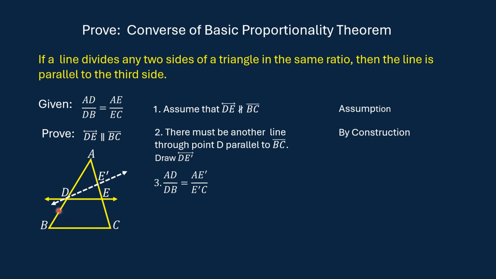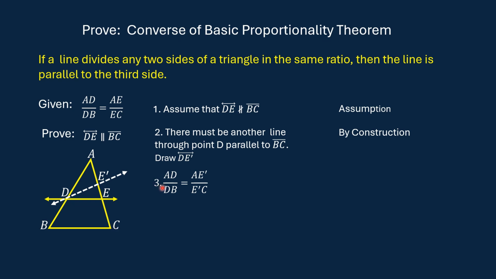So if line DE prime is really parallel to side BC, then this line DE prime divides side AB and side AC in the same ratio.